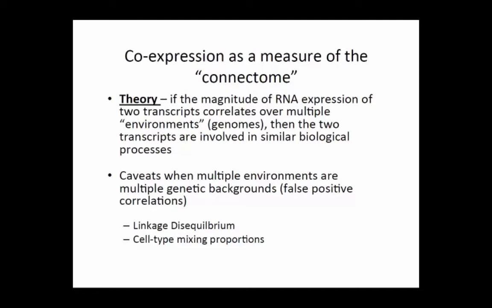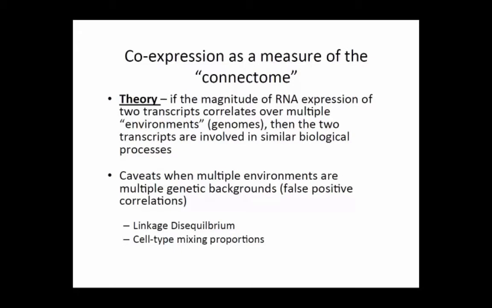In the case that we're going to talk about in some of our populations, when we talk about different environments, we're actually talking about different DNA backgrounds. So it's a little bit of a different definition of environment here. And of course, when we look at multiple environments, there are some caveats, especially when we're talking about genetic background, such as linkage disequilibrium and cell type mixing proportions.